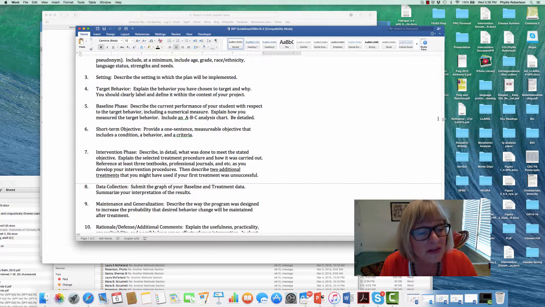And you need to have at least 3 references. It can include your textbook, but should also include some professional journals or other professional writing to support the intervention you chose and why you thought it would be effective. You're going to implement one intervention, but I want you to identify at least 2 other treatments that you might be able to use in case the first treatment is unsuccessful.